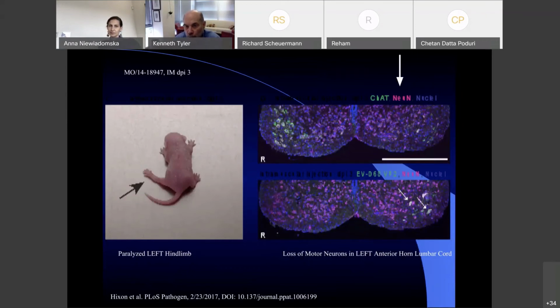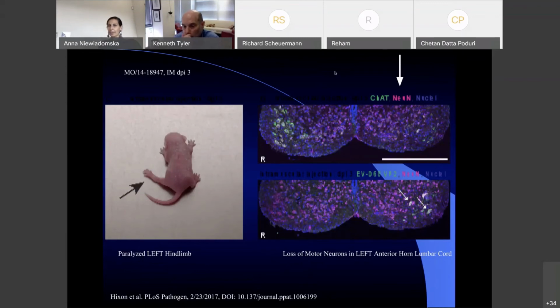If you look on the right-hand side of the slide, you can see on one part of the spinal cord where the letter R is for right, lots of preserved green choline acetyltransferase staining motor neurons. But if you go to the other side of the slide, the motor neurons are gone, in the area corresponding to the innervation of the paralyzed muscle.